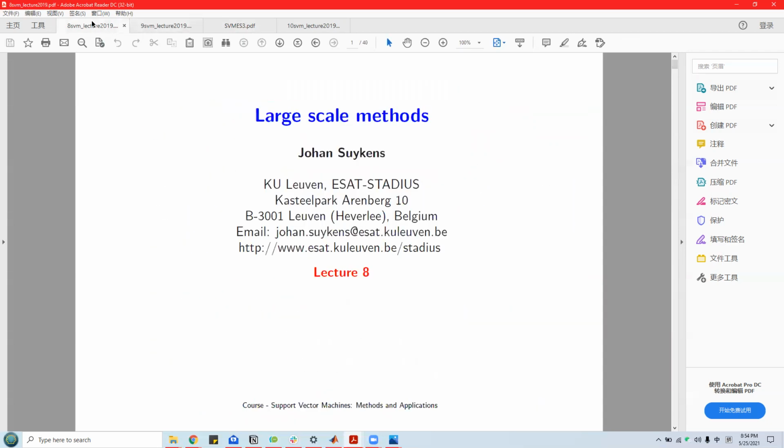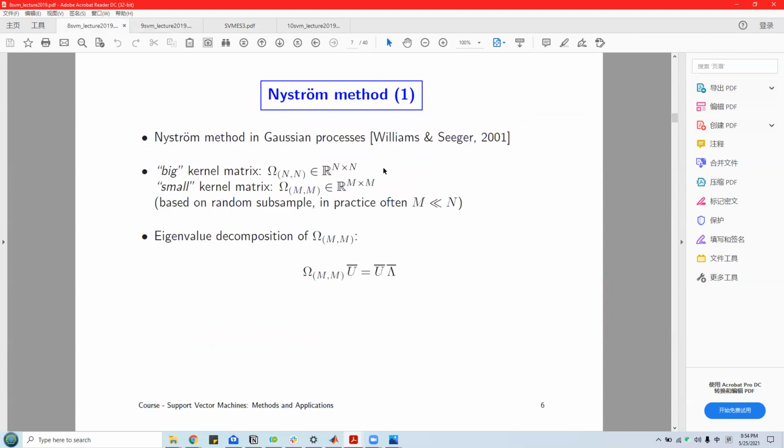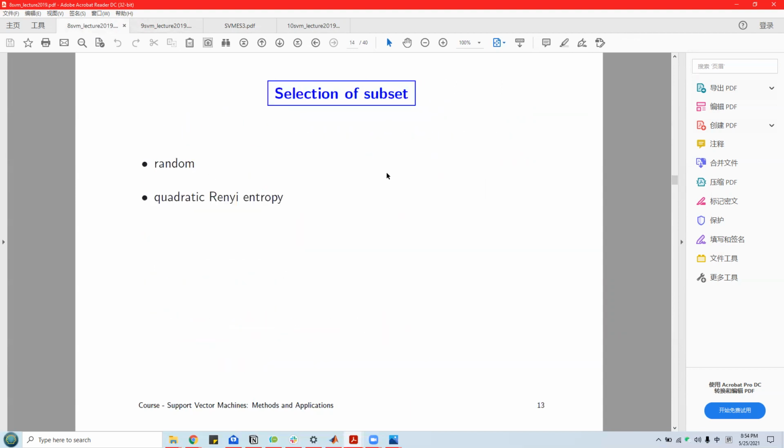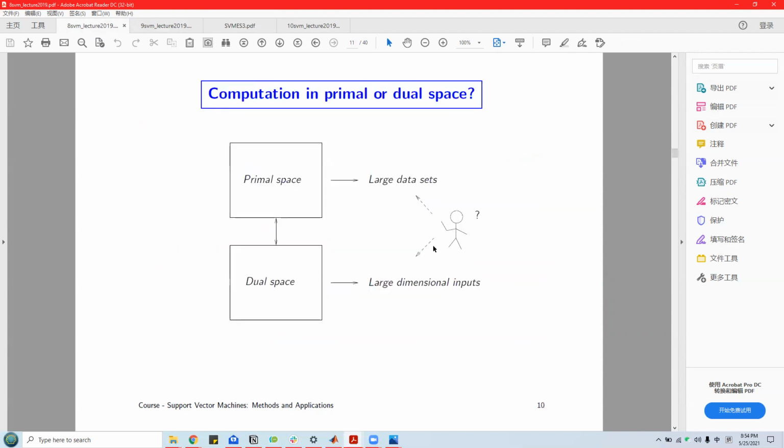Large scale problem, yeah. I think this plot kind of answers what you should do. If you have a large number of data points, but the data is not high dimensional, then you prefer to do it in the primal space.